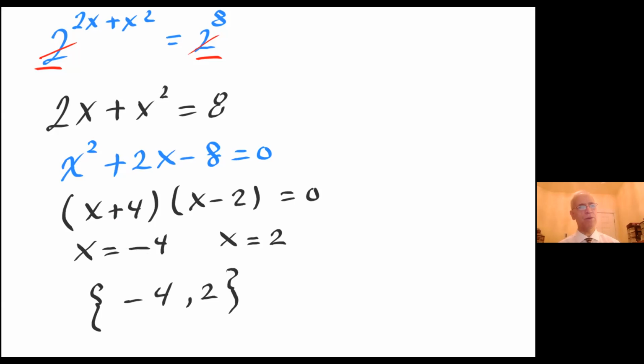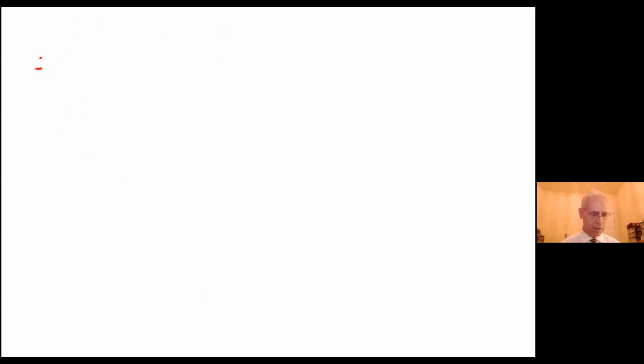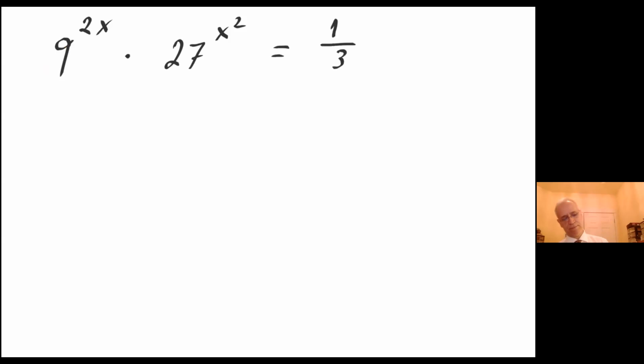Okay, nothing too hard so far. Let's do one more. How about 9 to the power of 2x times 27 to the power of x squared equals 1 over 3.